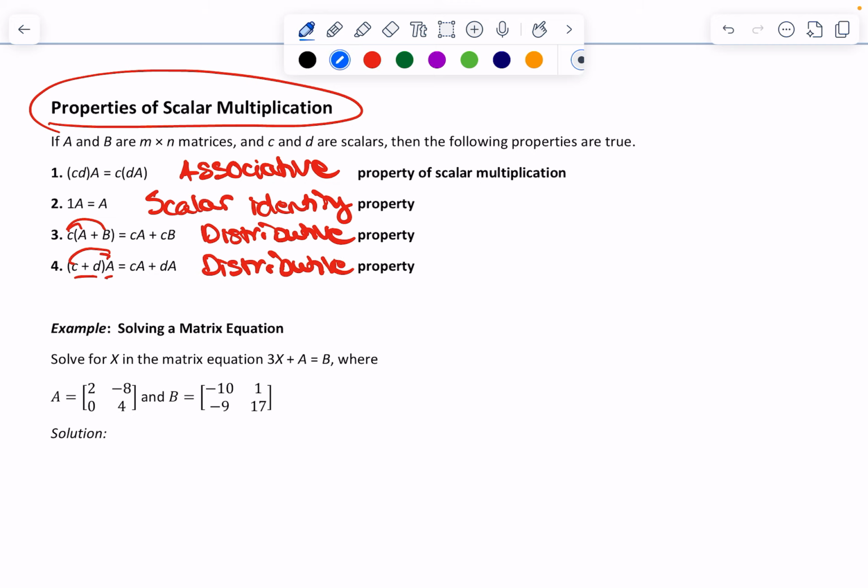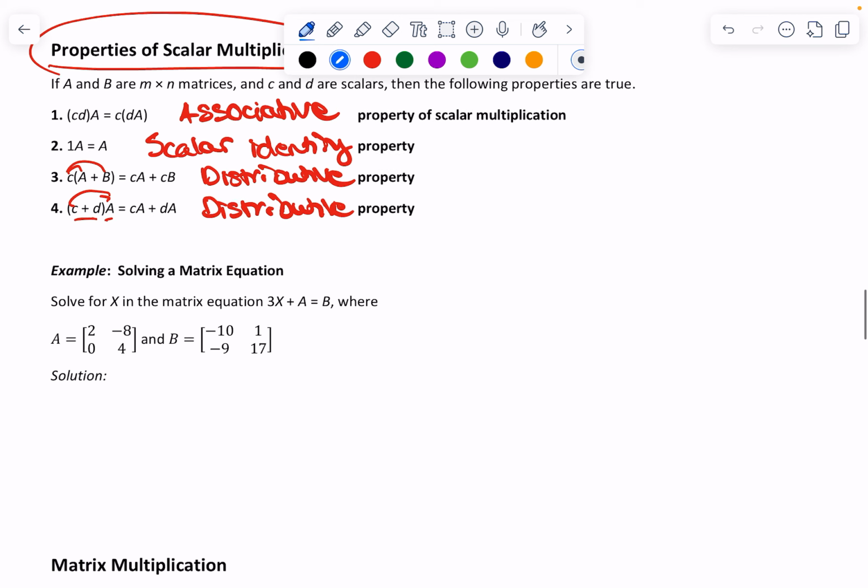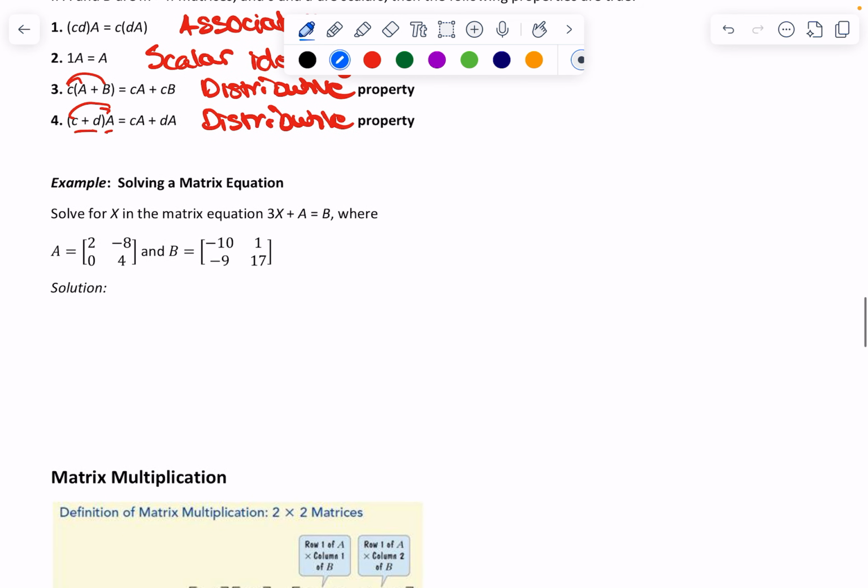Okay, let's look at an example here. Solve for X in the matrix equation 3X plus A equals B. So 3X plus A equals B. What we're going to do here is solve for X first before we plug in the matrices. So we're moving A to the right.